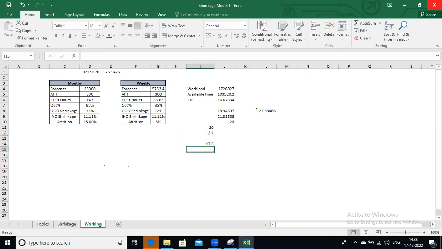That is 17 point something. So only these people will come to the office, and only these people will be taking breaks and lunches. That's the reason I have already reduced this number. They will not come to office and they will not take in office shrinkage breaks. Okay, got it.